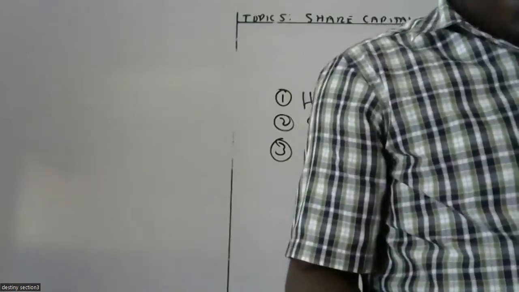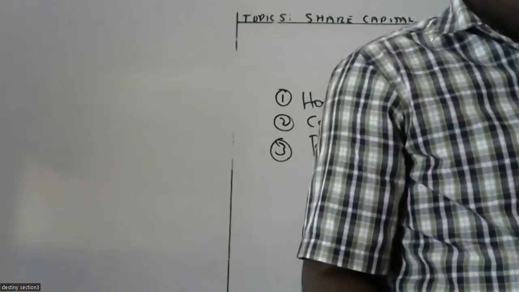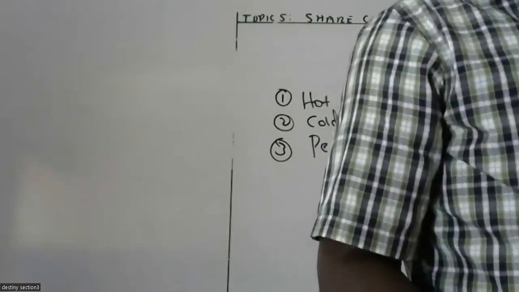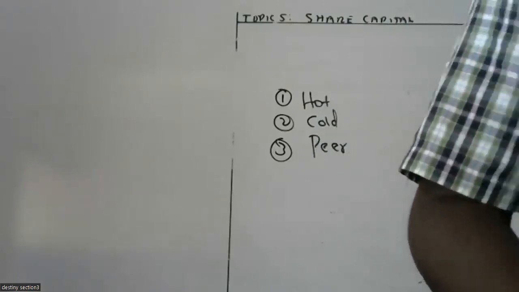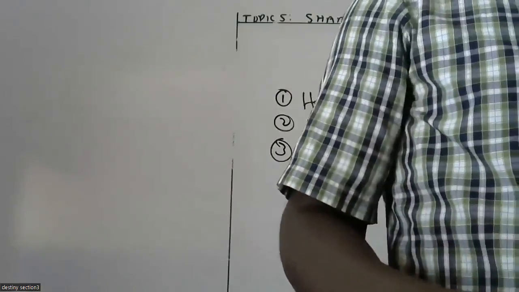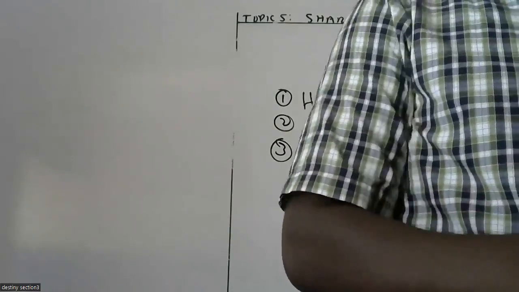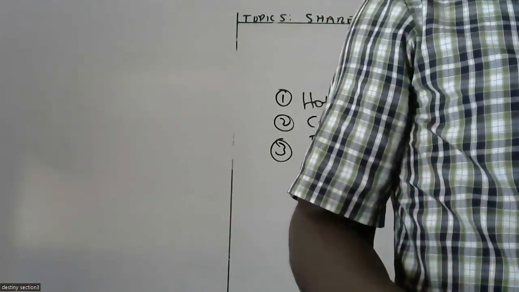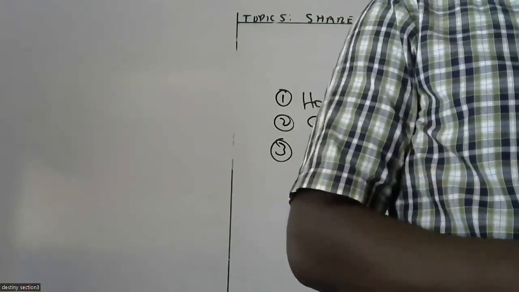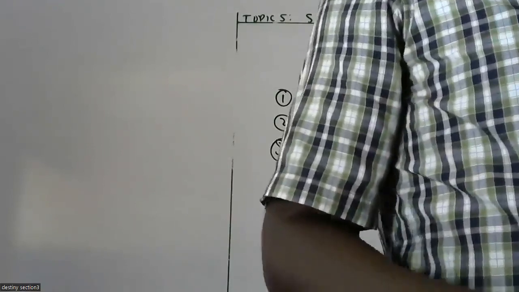Explore the potential threats to an auditor's independence. The question is for 4 marks. In such a question, how do you go about it? It says explore.